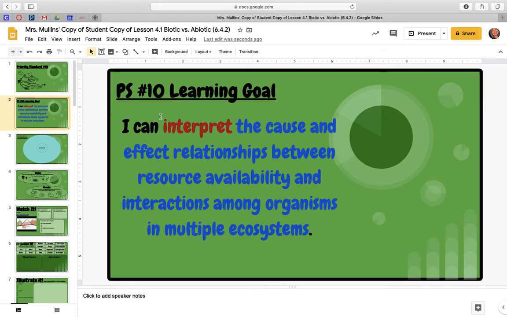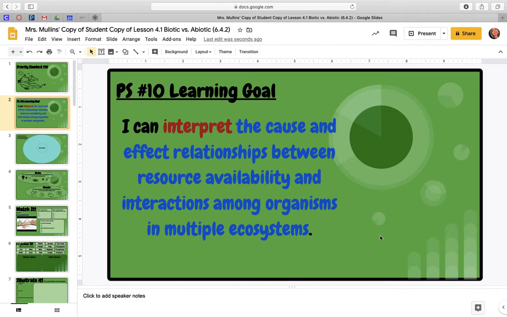So this is a whole new learning goal for us, PS 10, Priority Standard 10. It says, I can interpret the cause and effect relationships between resource availability and interactions among organisms in multiple ecosystems. So basically, that is just looking at cause and effect. For example, if you have a deer habitat and a company comes in and tears down the forest and builds something there, how does that affect that ecosystem and the resource availability, for example, for those deer?